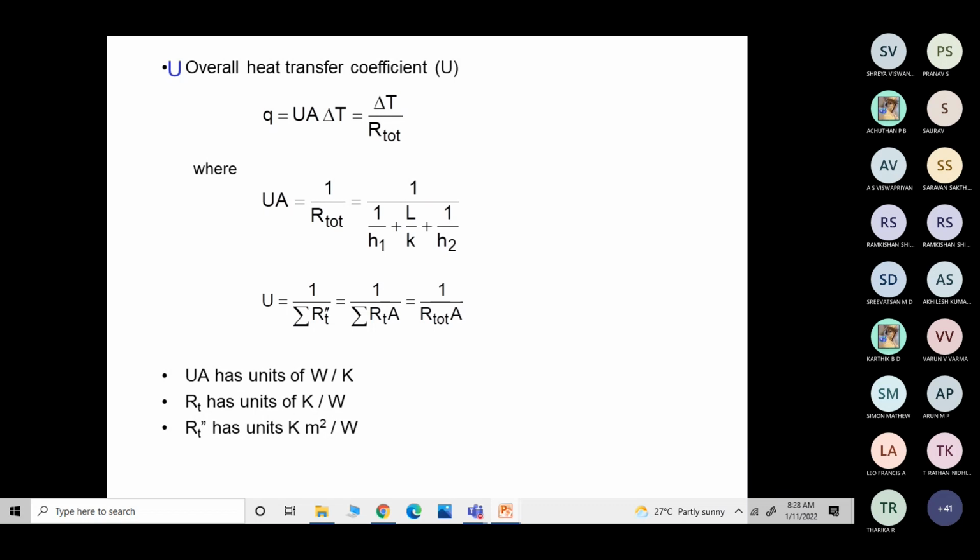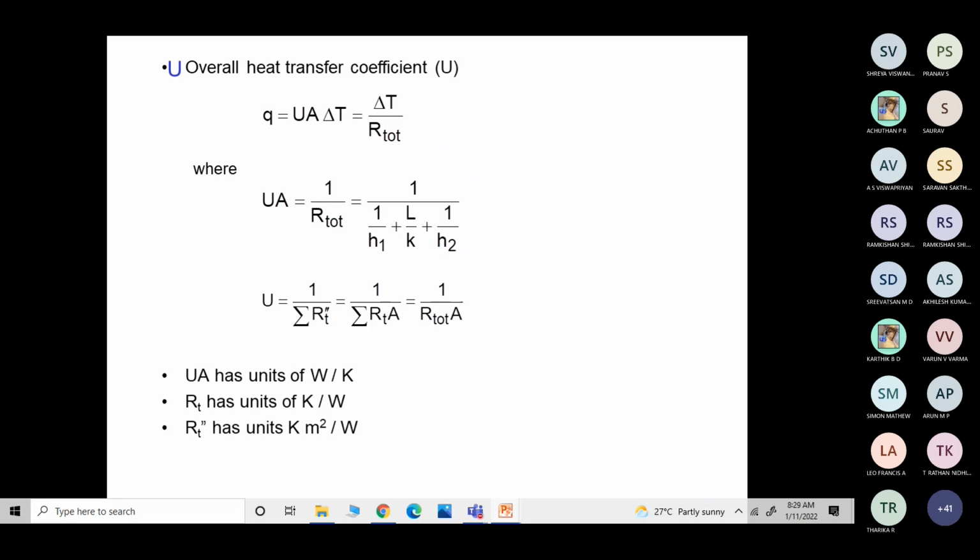So instead of talking about conductive resistance, convective resistance, and the heat transfer coefficients inside and outside, we generally use the term overall heat transfer coefficient, denoted by capital U. This UA is nothing but 1 by R total, that is 1 by H1 plus L by K plus 1 by H2, and the unit of UA is watt per Kelvin, whereas thermal resistance is given in Kelvin per watt.